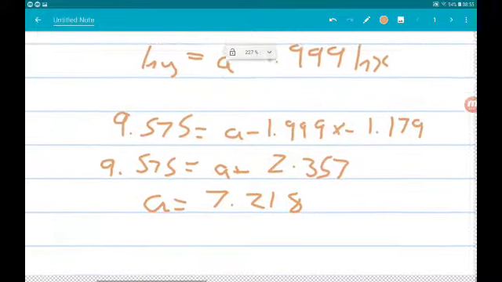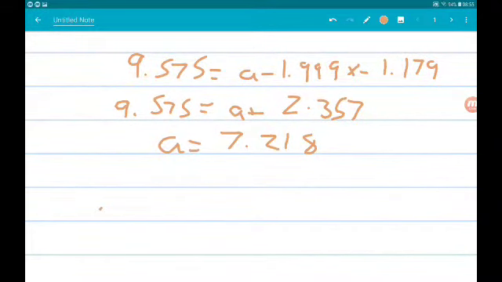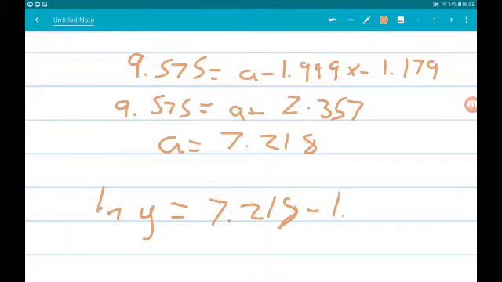Cool. So we can say then that log of y is equal to 7.218 minus 1.999 log x. Cool.